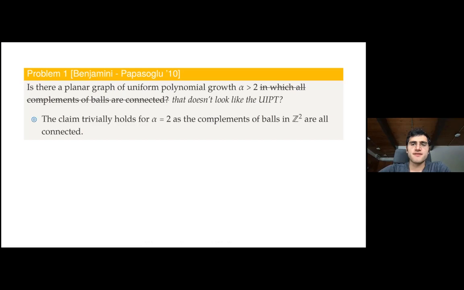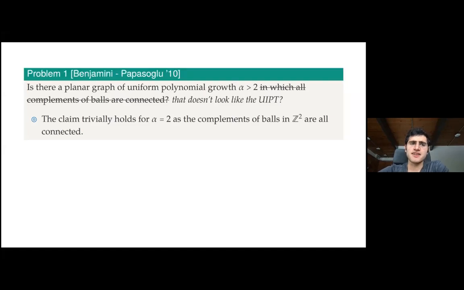And note that if alpha equals 2, the answer to this problem is trivial, because in the two-dimensional grid, you already have that the complements of balls are connected. So basically, this sort of strange behavior happens when the growth dimension of the balls disagrees with the topological dimension of your graph.